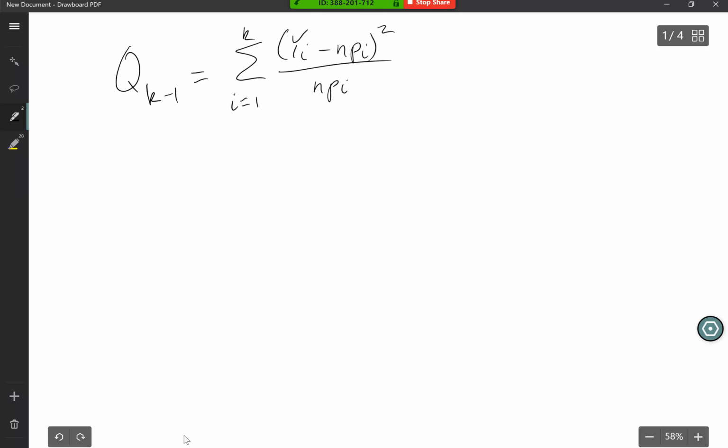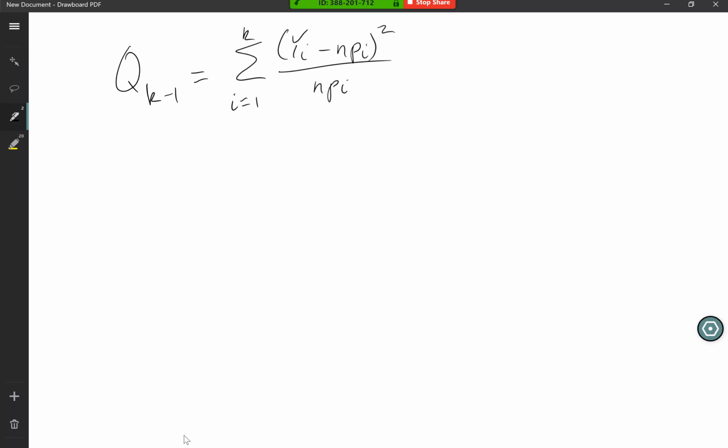That statistic that we talked about in the write-up was Q sub k minus 1, and it looked like the sum from i equals 1 to k of (y sub i minus n p sub i) squared over n p sub i.